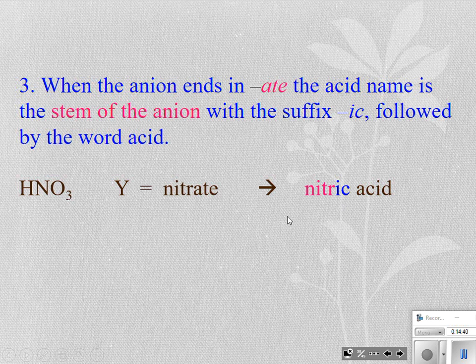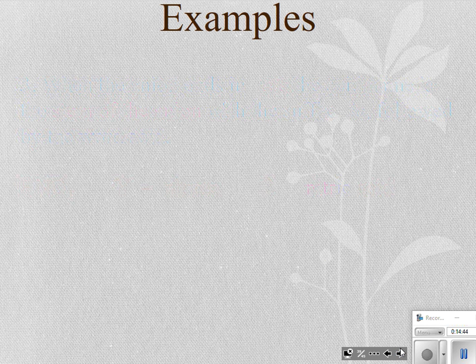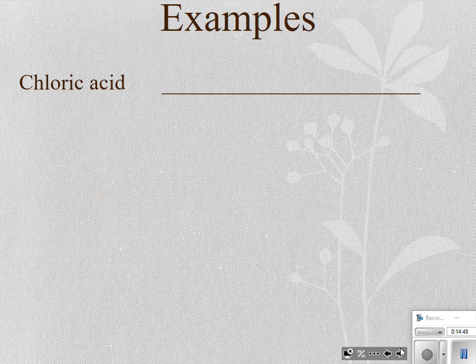Now, let's look at a couple of examples of these. Here is the first one. We are working these backwards now, because I am given the name of an acid and I need to find the formula for that acid.